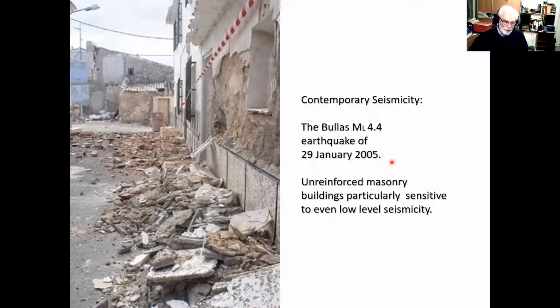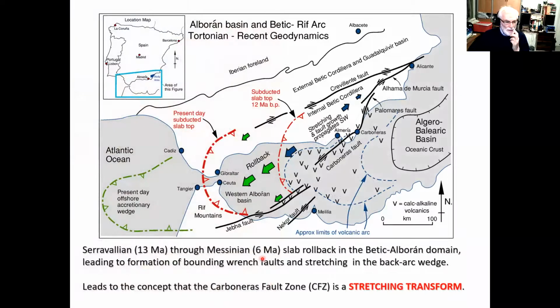And even smaller earthquakes, when they operate on unreinforced masonry, will cause a disproportionate amount of damage. A magnitude 4.4 in the UK would probably produce very little damage indeed. The odd chimney pot might fall down.